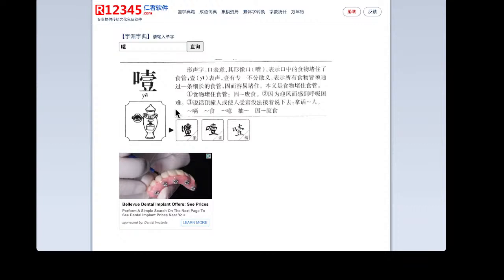Now, why use that one to mean choke, to mean block? So that means that in order to block or choke something, you have to stuck something in the only passage. Okay, so here's the key: only passage, right? Then you can block it, and so that's why they use the character 壹 over here to build this character. Make sense? Okay, this is 噎.